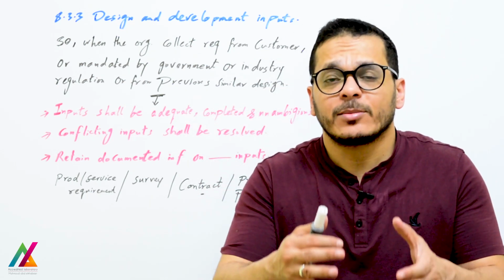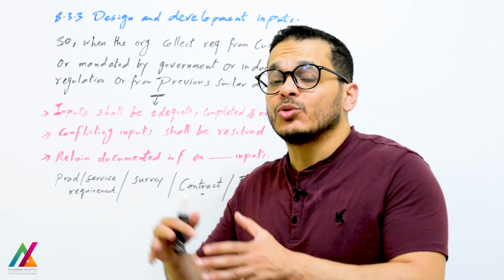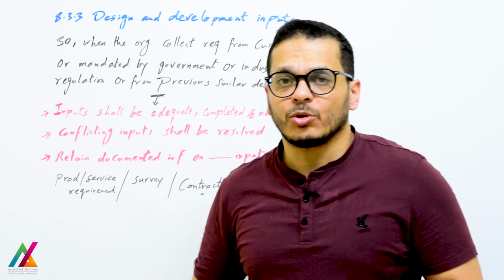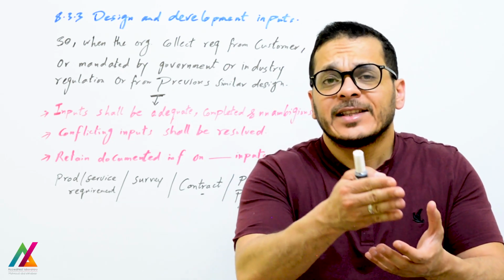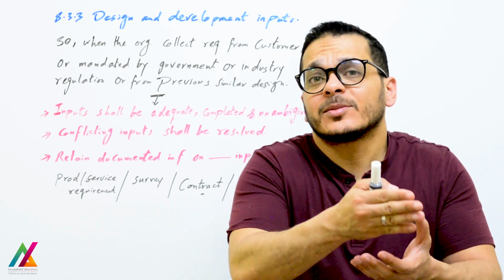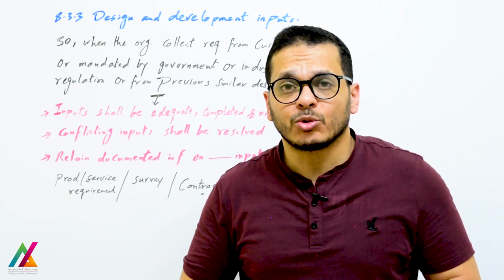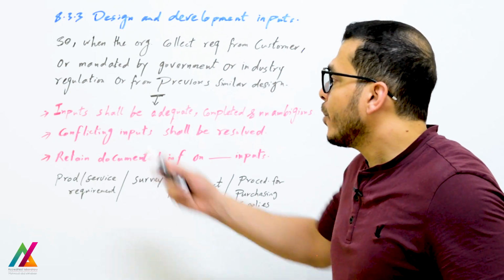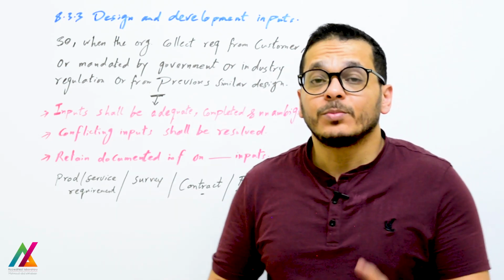If you have experience about this product, you shall go back to the product that you did before and try to add some inputs to improve the quality of the product. And also, if there is any requirement that the customer doesn't know or doesn't have experience to add, and you know it is related to the safety of the product or service, you shall add it to these requirements. So inputs shall be adequate, complete, and unambiguous, should be clear.